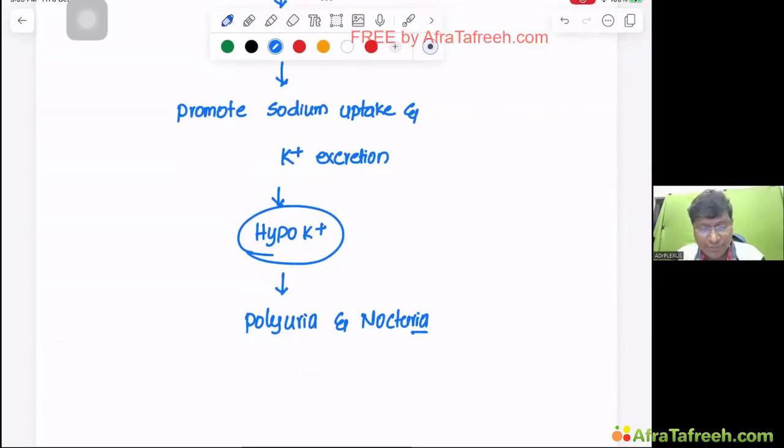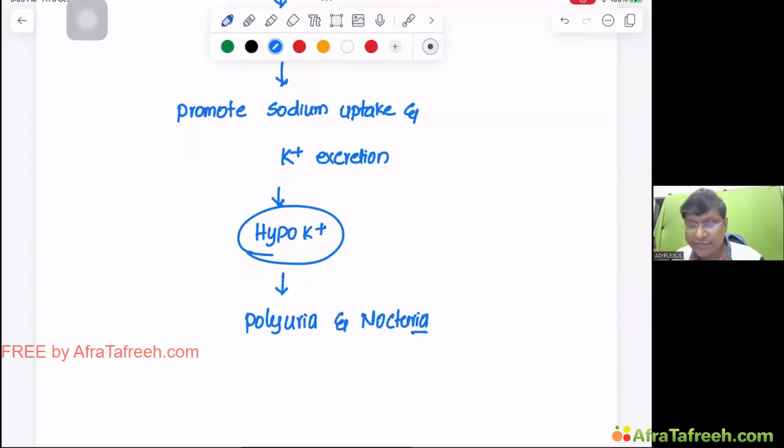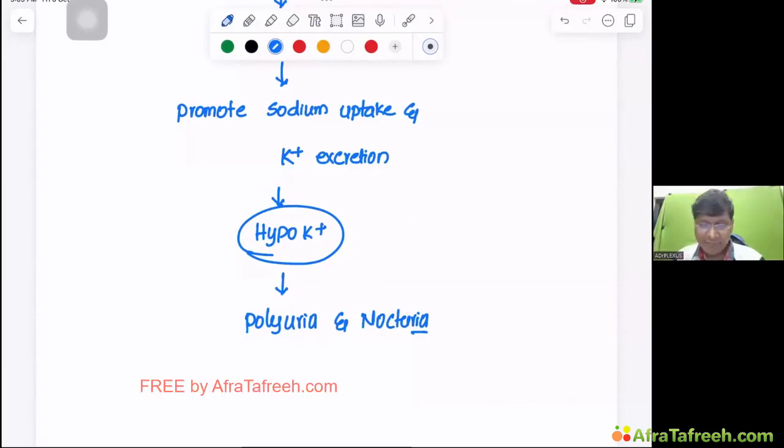The action of the prostaglandin E. Yeah. So the prostaglandin E, right? So that will cause the afferent arteriolar dilatation, right? Afferent arteriolar dilatation.